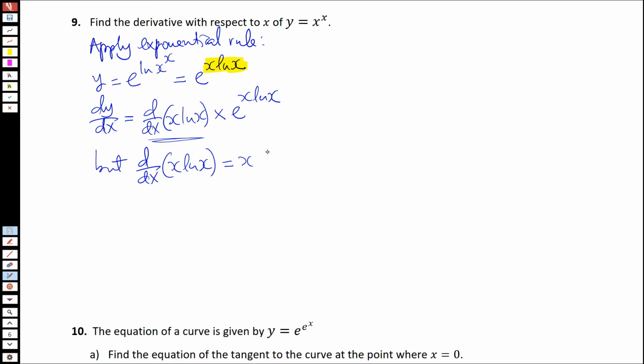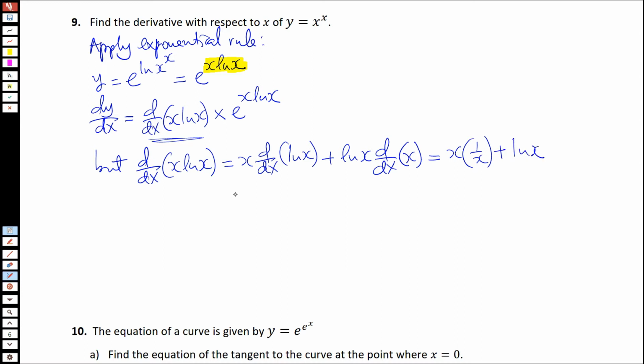So x multiplied by the derivative of ln x, plus ln x multiplied by the derivative of x. This will be equal to x multiplied by 1 over x plus ln x, and that is just the same as 1 plus ln x.